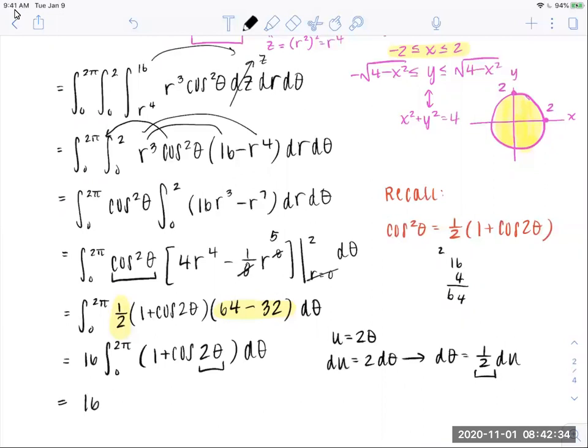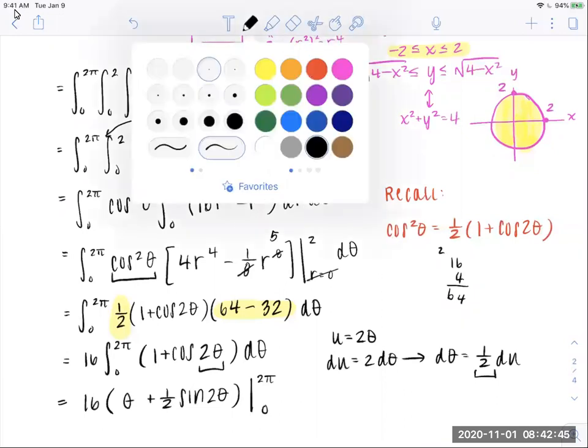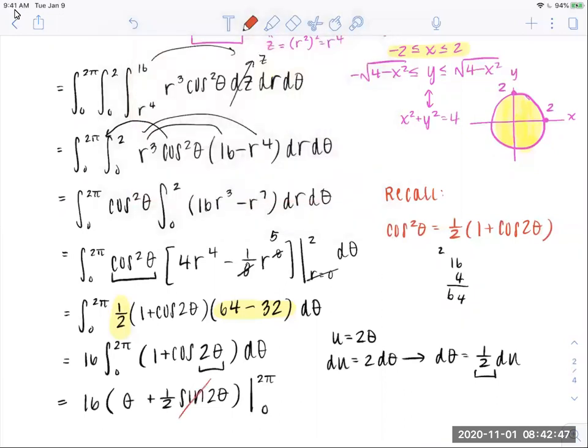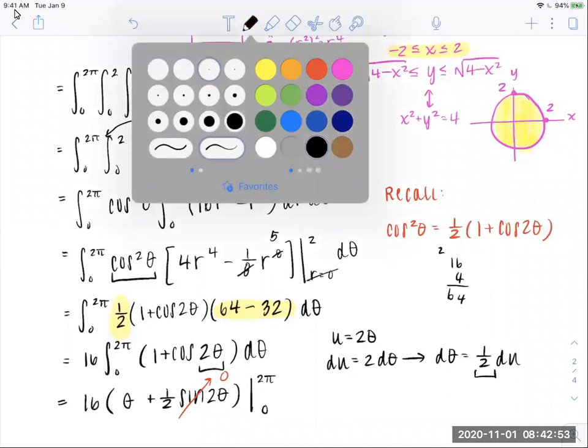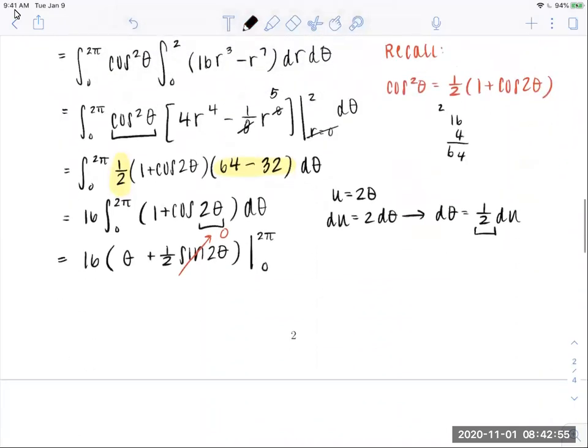So I have 16 times theta plus 1/2 sine of 2 theta, where theta is ranging from 0 to 2 pi. You'll notice here that the sine function dies at 0 and 2 pi, so it's going completely away. And the only thing that remains then is going to be the theta when I plug in a 2 pi. So I get 16 times 2 pi equals 32 pi.